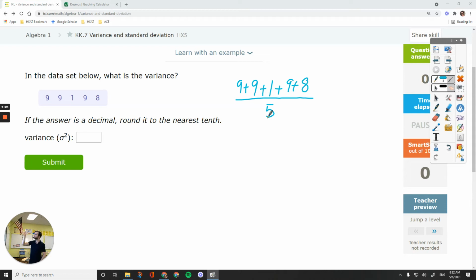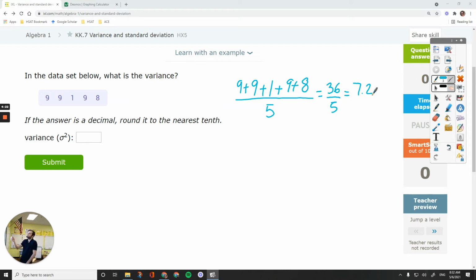So that's 10, 28, 36, divided by 5. This is going to be 7.2. So the mean of the data we have is 7.2.